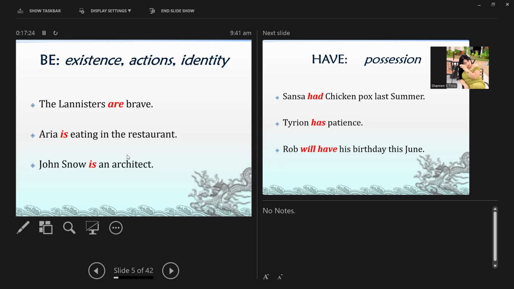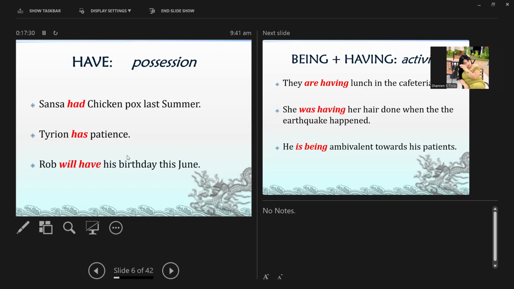Okay. Now let's take a look at the examples using have verbs, which show possession. Okay. Sansa had chicken pox last summer. Tyrion has patience, which most of us don't have. Just kidding. Okay, so Tyrion has patience.